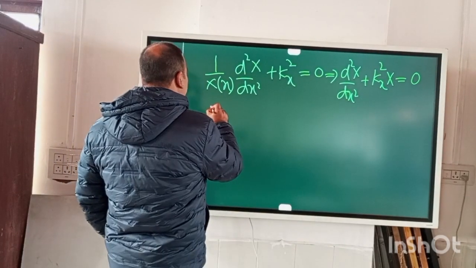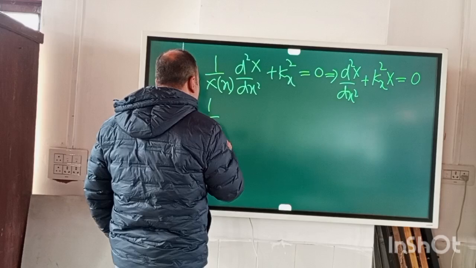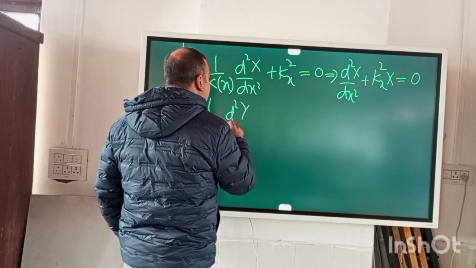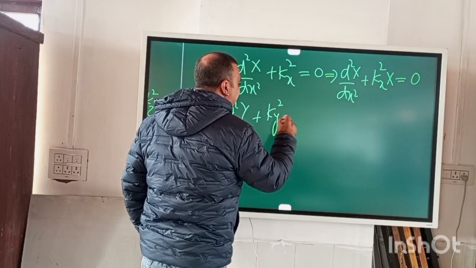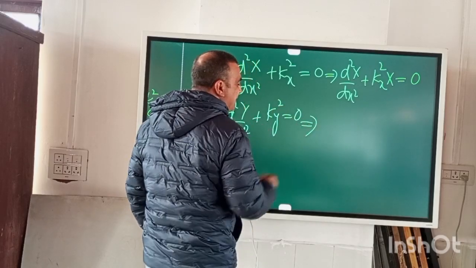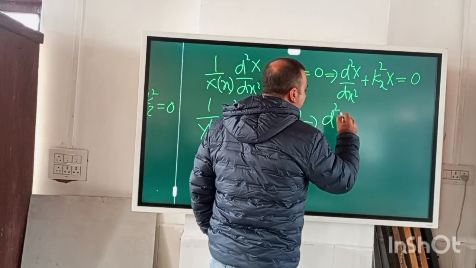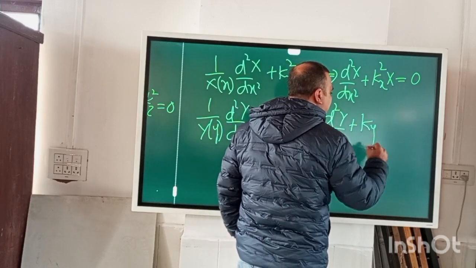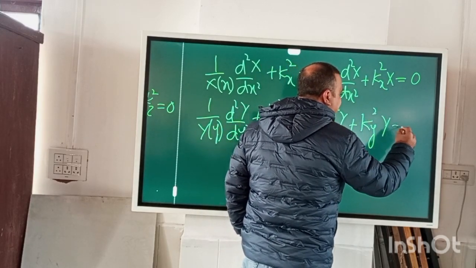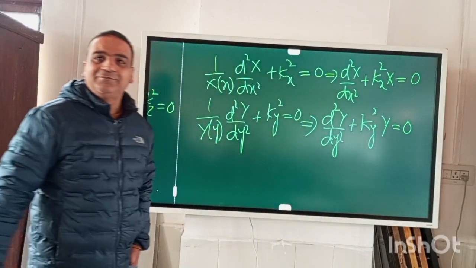And what about another equation? 1 by Y of y, d2Y by dy2, plus ky square is equal to 0. What does that mean? That means d2Y by dy2 plus ky square Y is equal to 0. Clear?